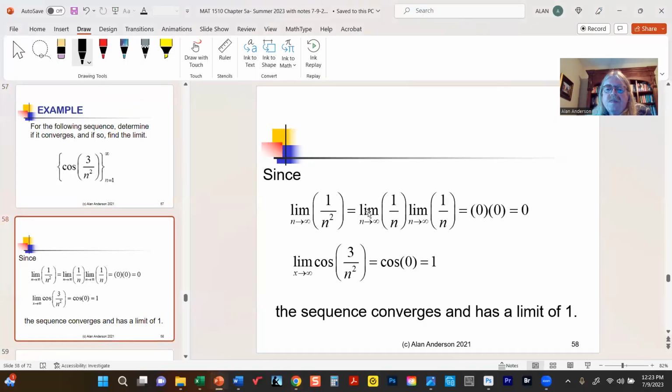So here, once again, we have the n squared. And we know that the limit of that is 0.